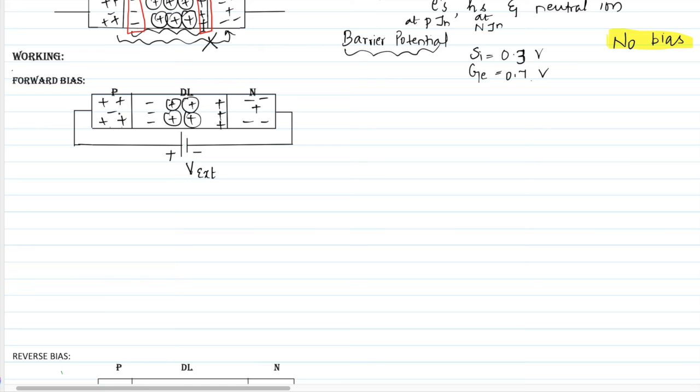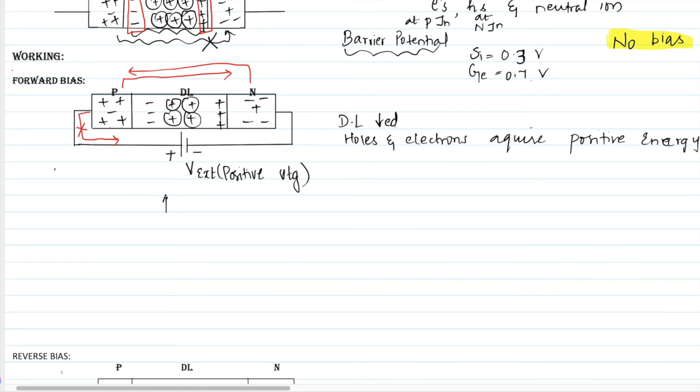Like poles repel, so the holes will try to move in this direction. And here also there are electrons. These electrons get repelled from the negative of the battery and they will try to move in this direction. So both are trying to move towards each other.